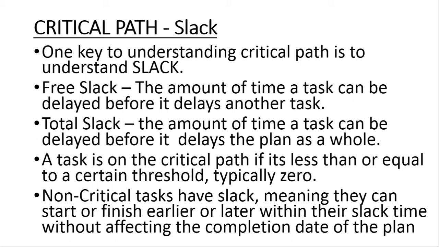This task cannot be delayed, so it becomes a member of the critical path. Typically, non-critical tasks have slack, meaning they can start or finish earlier or later within their slack time without affecting the completion date of the plan.